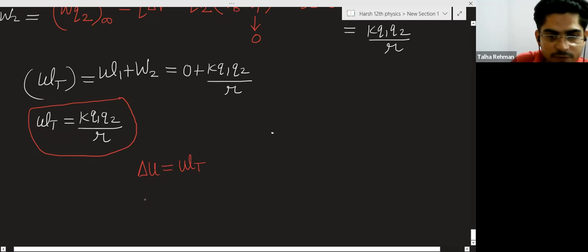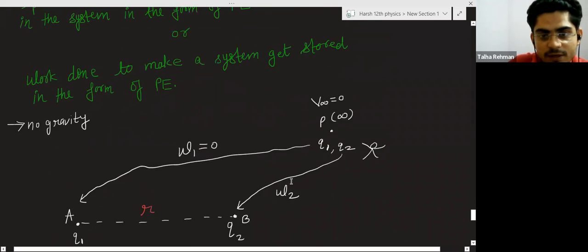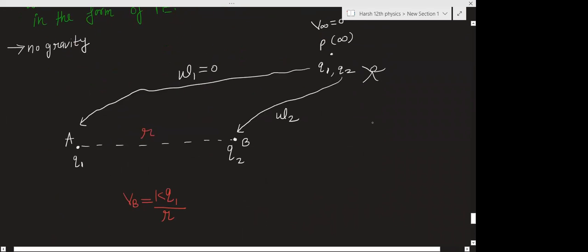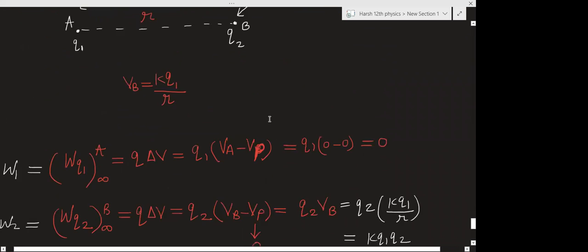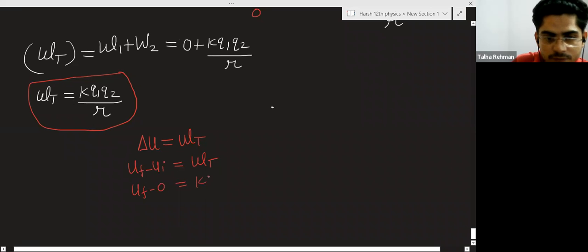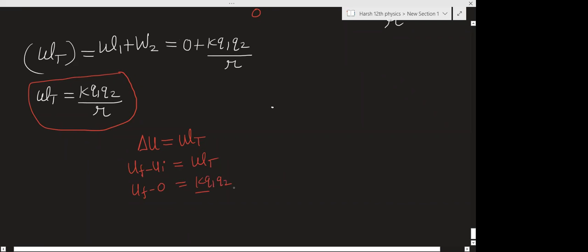The change in potential energy is final potential energy minus initial, and this is equal to total work done. What is the initial potential energy of the system? Zero. Very good. And work done we know: Q1 Q2 by R.